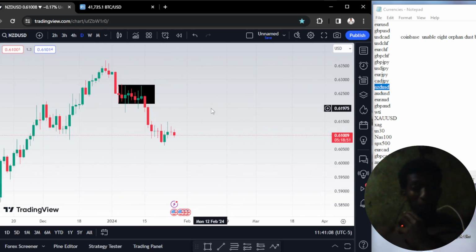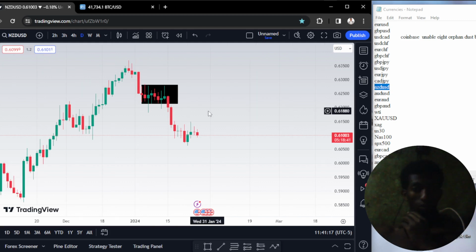But to determine your next direction, to determine when the next market move will be, you can just frame your idea right here. But if you want to get in and get out within a day, then you don't consider the consolidations on the higher time frames like the monthly.